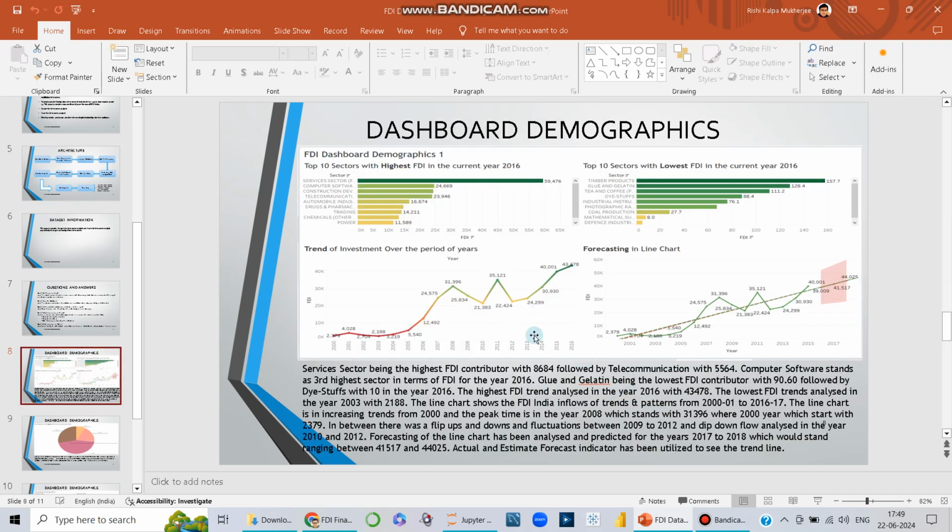There's a good way to show end users how the data has been flowing, related to trends of the investment over the period of years from 2000 to 2017, which year has been the highest, which year has been the lowest, and how they are performing.